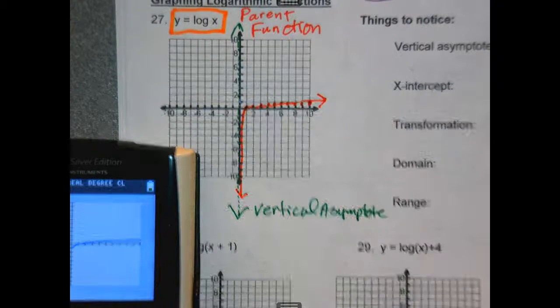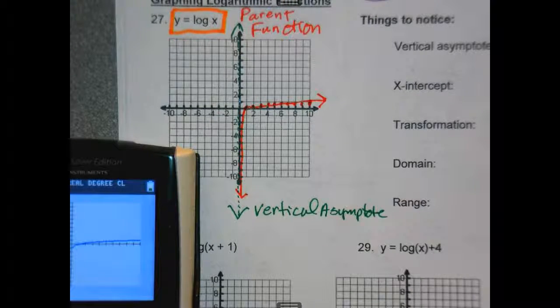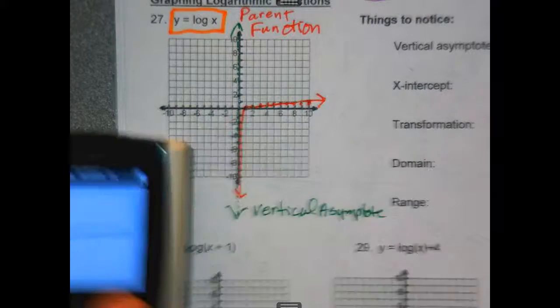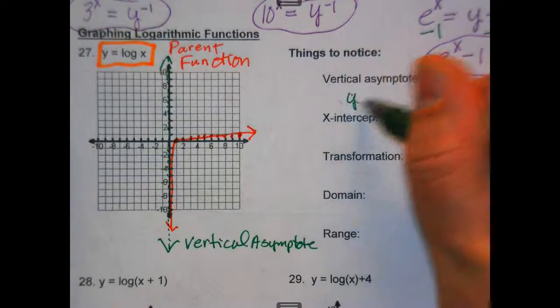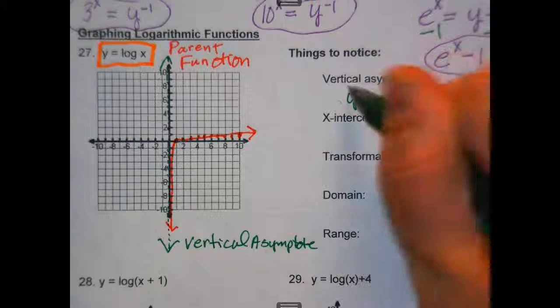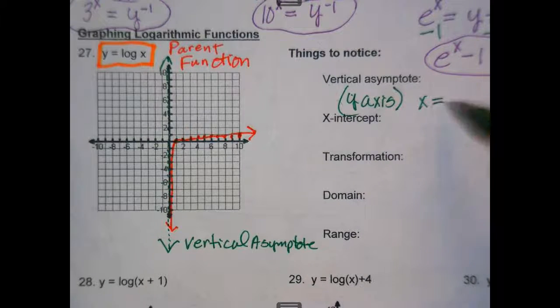All right, so we got the vertical. Oh, by the way, what's the equation of our y-axis? What's the equation of the y-axis, our vertical asymptote? It's x equals 0, right?